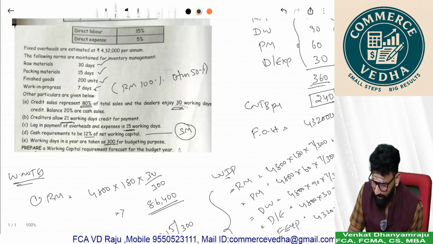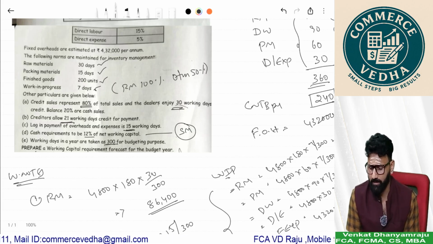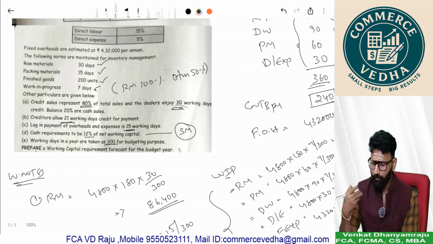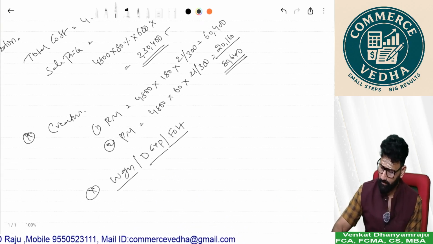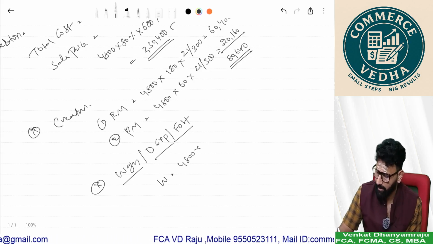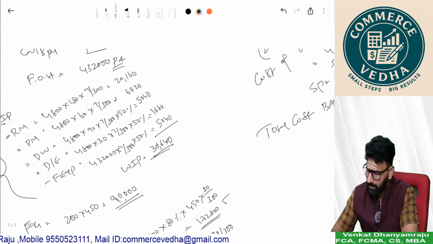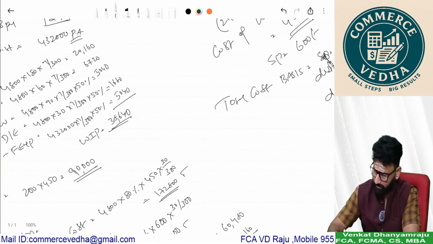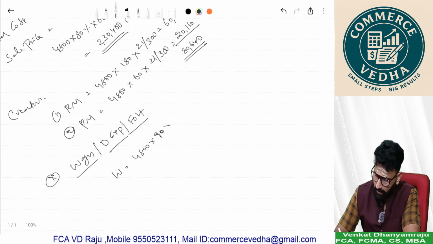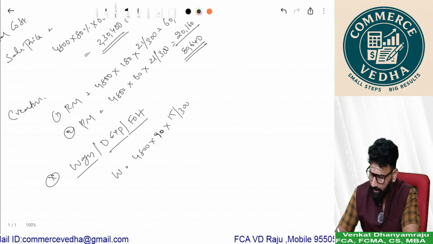What they said in the question: lag in payment of overheads and expenses is 15 days. Overheads and expenses, all expenses here in labor, direct expense and overheads, all lagged by 15 working days. So wages, 4,800 into what is the wage cost? 90 in the breakup. 90 into 15 days, right? 15 by 300.